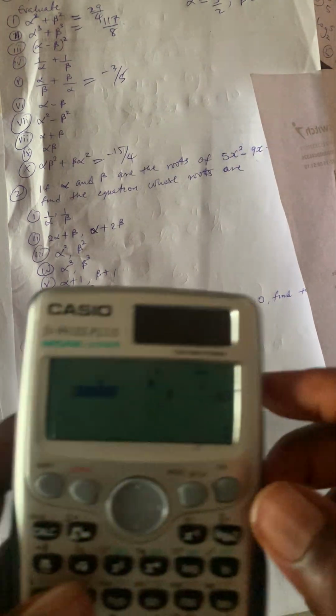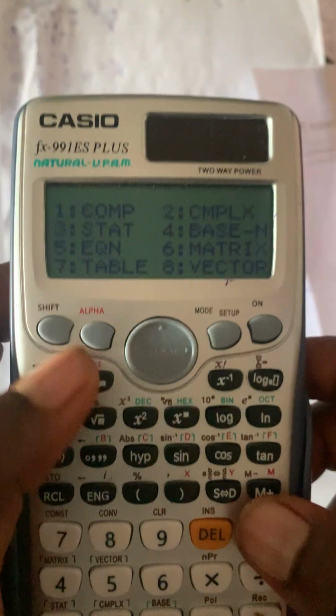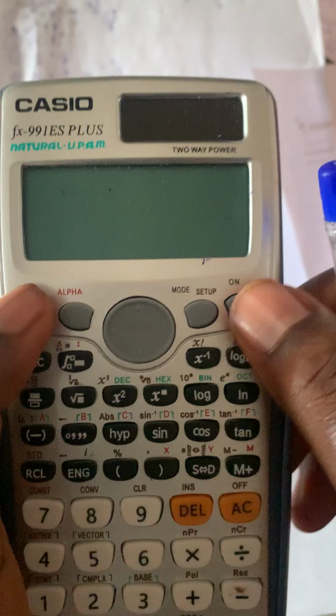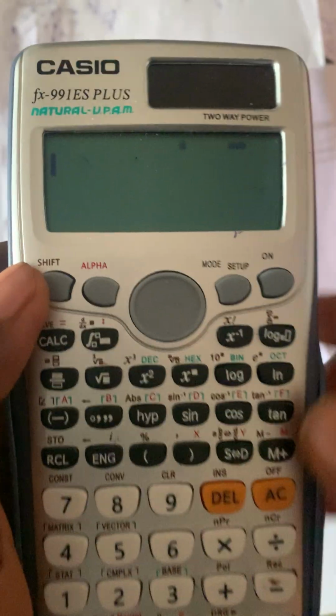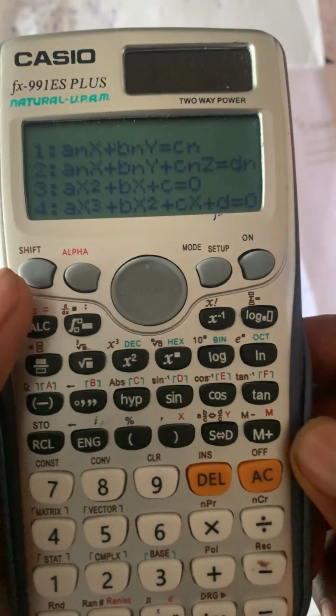Okay, so I will start again. Press mode. First of all, I clear: shift 9, 3, equal, it has cleared. So mode, then equation is number 5, then quadratic is number 3. Then I will start solving.